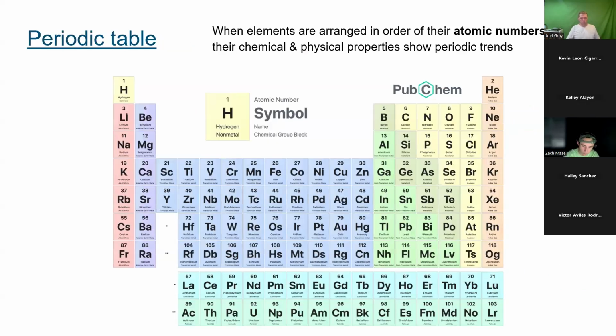Okay, so we've talked about the periodic table a little bit, and these elements are organized and arranged based on their atomic numbers. Our atomic numbers are increasing. They go from 1 all the way up to 118. Now, if you look at the different colors of these, they all denote different things with respect to physical and chemical properties.